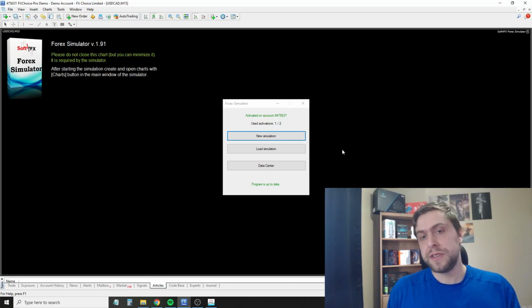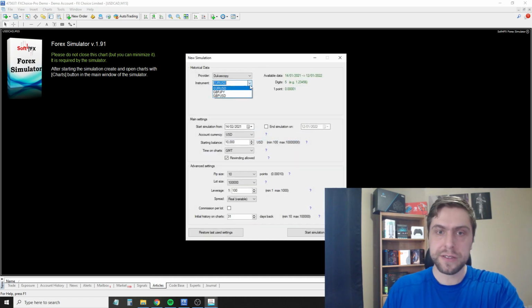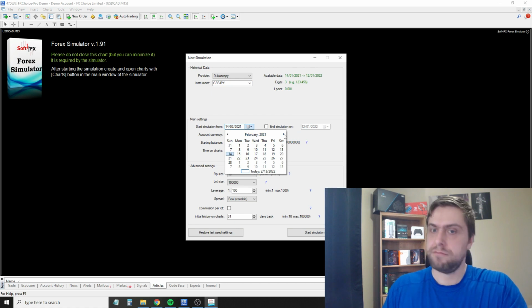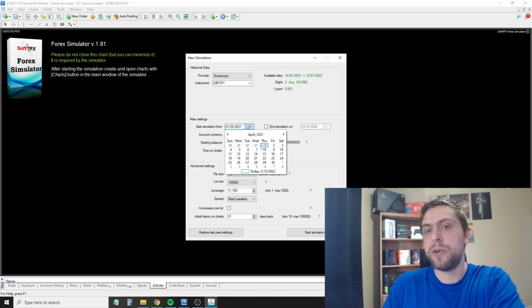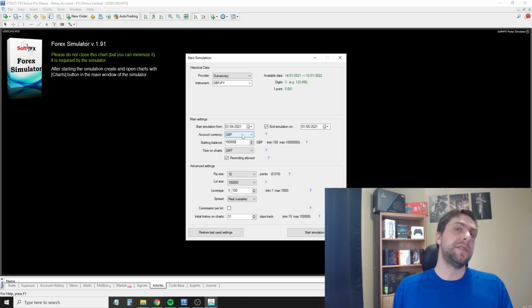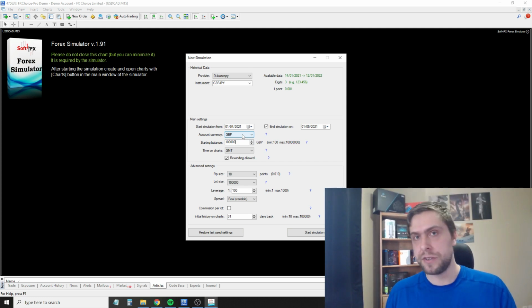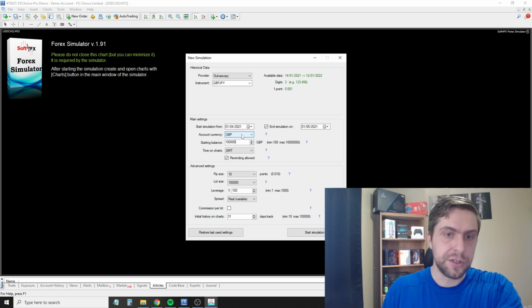All right, so basically we're going to start a new simulation for the month of April 2021, and I'm going to be trading it as if it was FTMO conditions. Basically, I'll be trading with 10 lots, and if you get 10 or 11 pips, it's about the equivalent of 1% in US dollars.